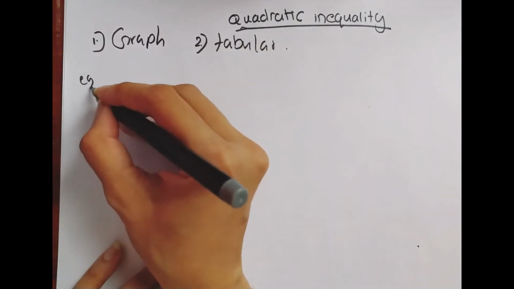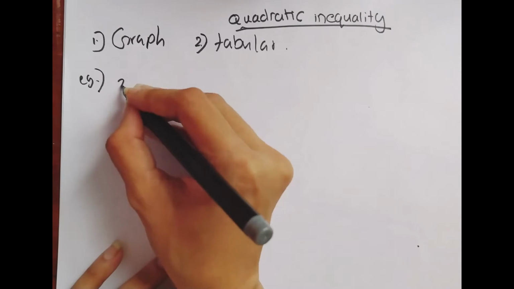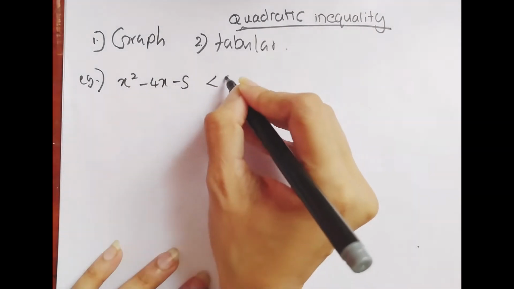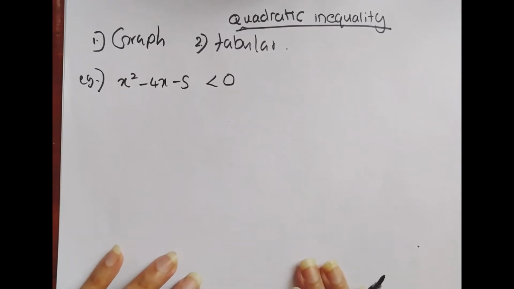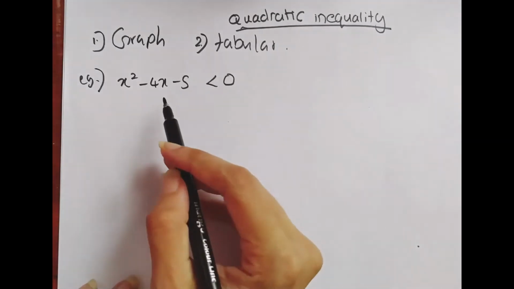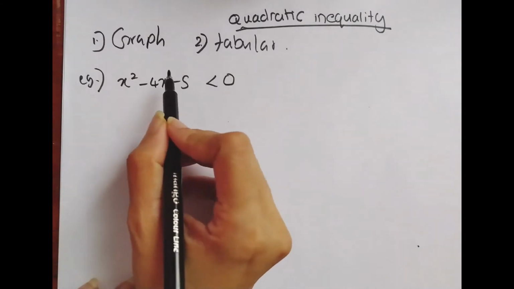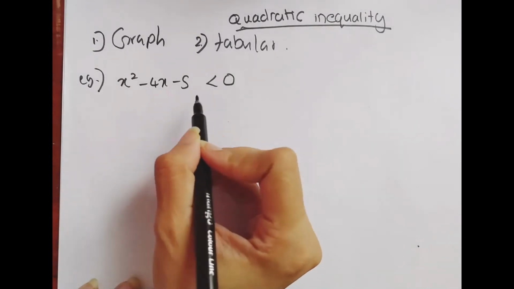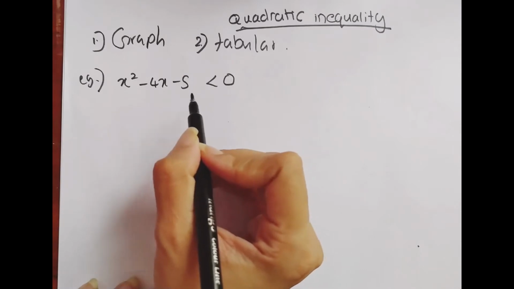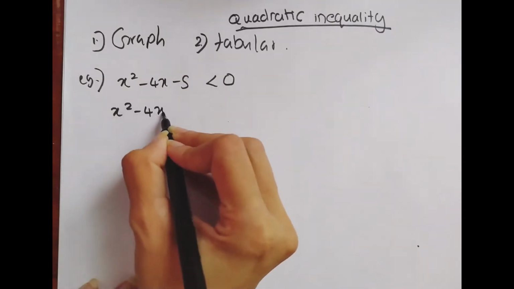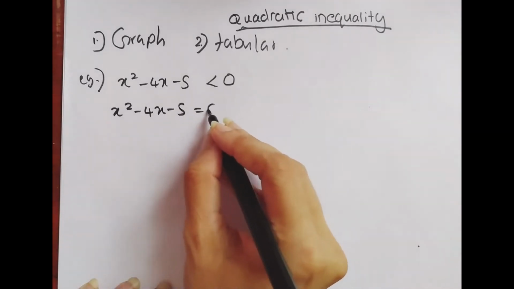I'll take the first example: x squared minus 4x minus 5 is less than 0. First, think of this not as an inequality but as an equation, and factorize it. So x squared minus 4x minus 5 equals 0.